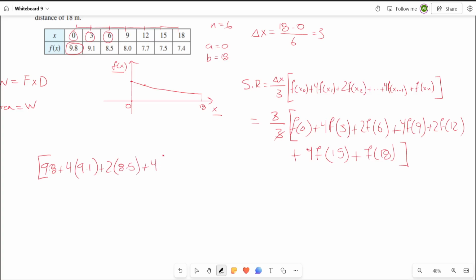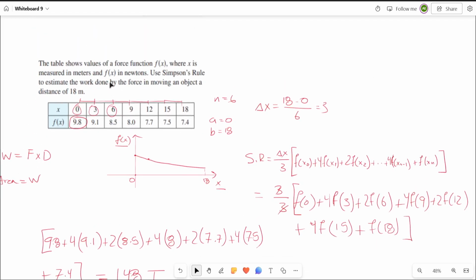So plus 4 times 8, plus 2 times f of 12, which is 7.7, plus 4 times f of 15, which is 7.5, plus the last one, f of 18, which is 7.4. From here, I can put these values in my calculator, and this is going to give me an answer of 148.